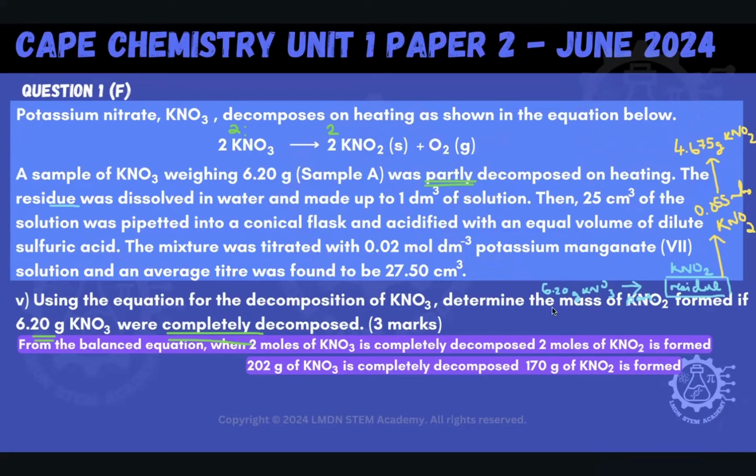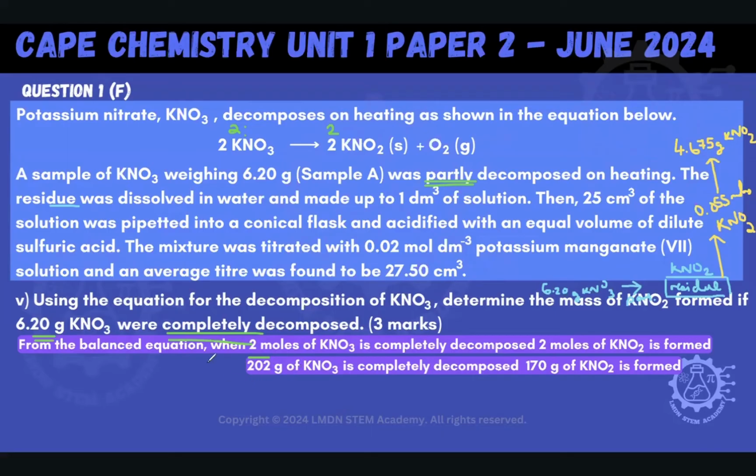Now, because they want us to find a mass, we can convert this mole ratio to a mass ratio. We're going to take the 2 moles of KNO3 and convert that into a mass.